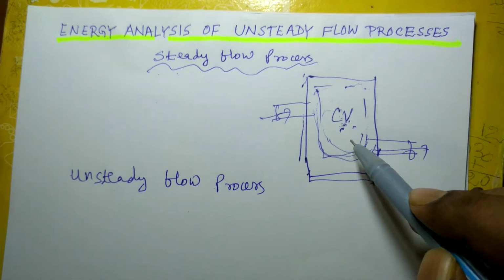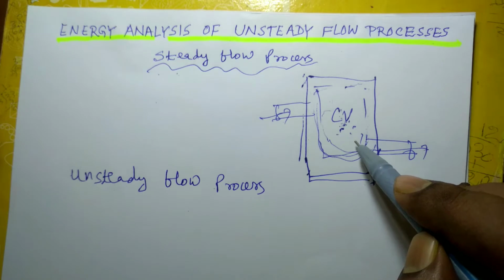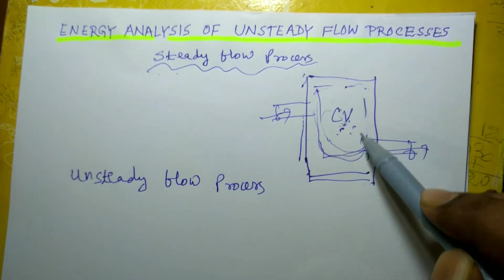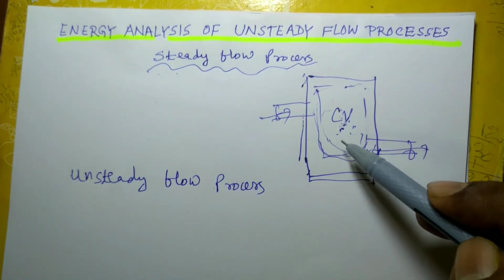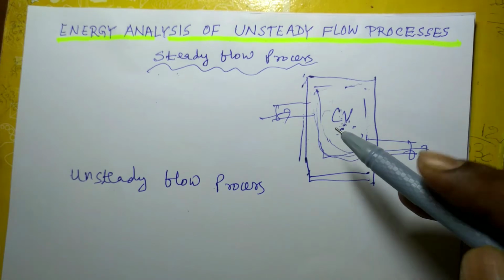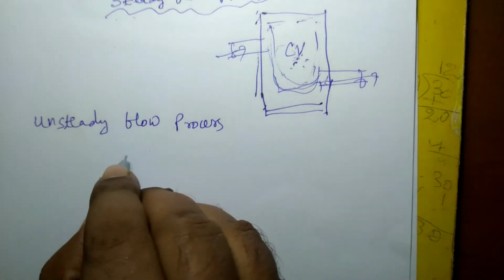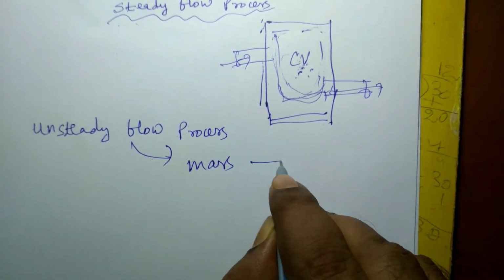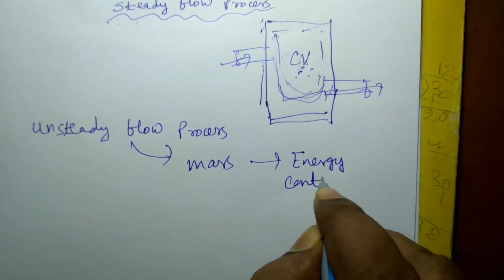Both mass and energy content of the control volume may change with respect to time. एक इंस्टेंट पे जितना मास कंट्रोल वॉल्यूम में होगा, सम टाइम आफ्टरवर्ड्स उसमें चेंज हो सकता है. Unsteady flow process में दोनों चेंज हो सकता है, both mass and energy content of control volume.